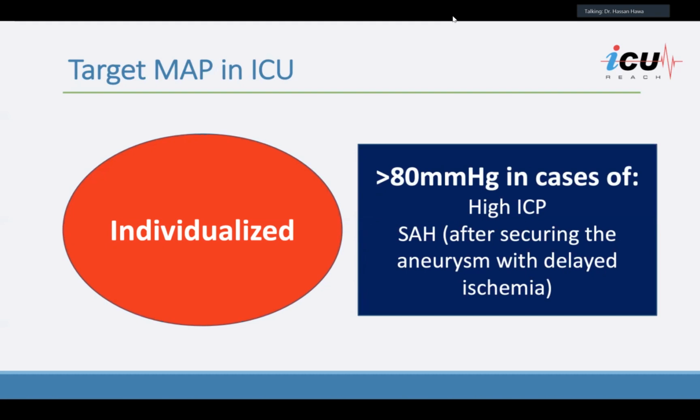On the other hand, we've probably all seen it when dealing with chronic kidney disease patients or chronic liver disease patients. These patients usually run on a lower MAP all the time and do their daily activities without any issues with a MAP of 55 or 60. So when they come to the ICU, targeting a MAP of 65 and keeping them on pressors doesn't really make sense, because these patients are usually quite healthy at a MAP of 55.